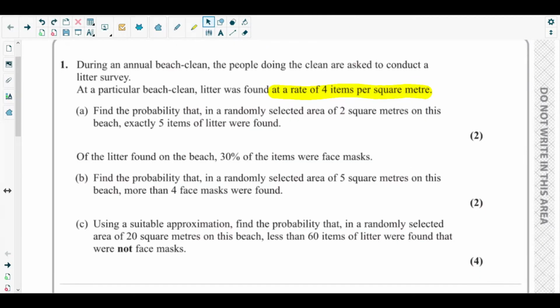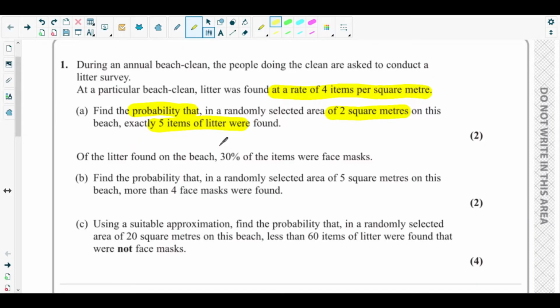Part A asks us to find the probability that in a randomly selected area of 2 square meters on this beach, exactly 5 items of litter were found. At first we need to figure out how the number of items of litter found is distributed.